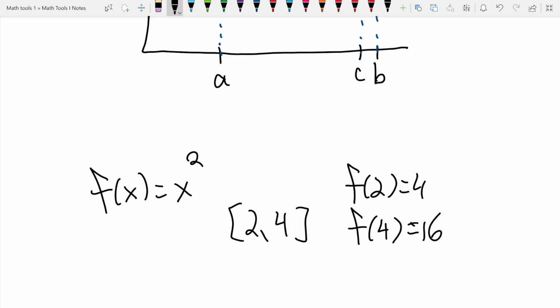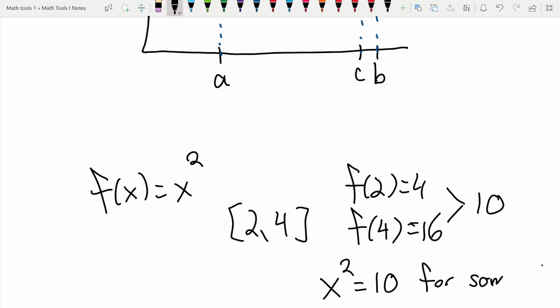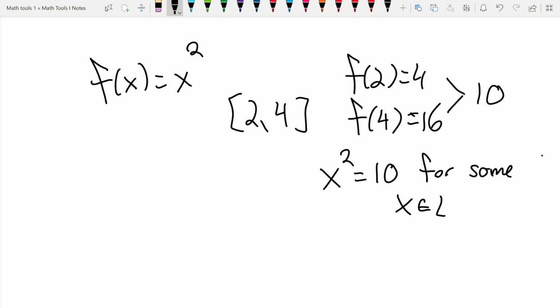So if we take any number in between these two, say 10, okay, then there's some number inside the interval 2 to 4 which will give us 10. So in other words, x squared equals 10 for some x in [2, 4], right? So in particular, this is going to be some number like 3.1 or something like that, right? But there will be some number between 2 and 4.